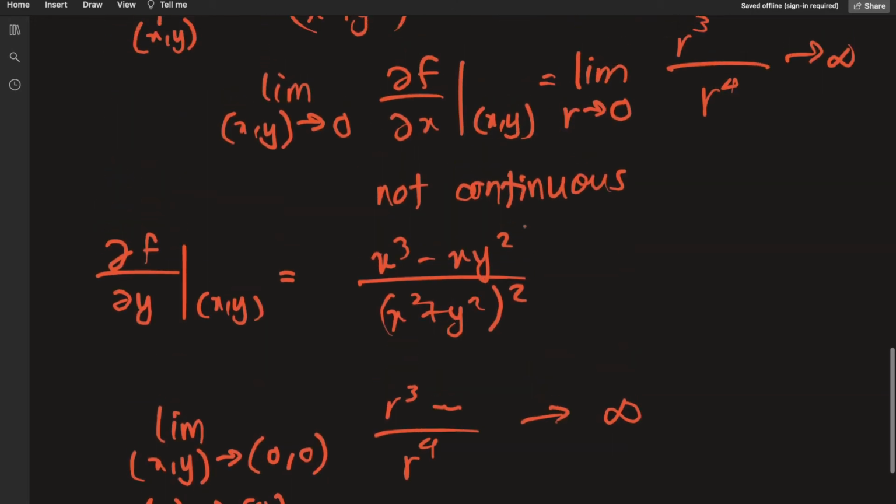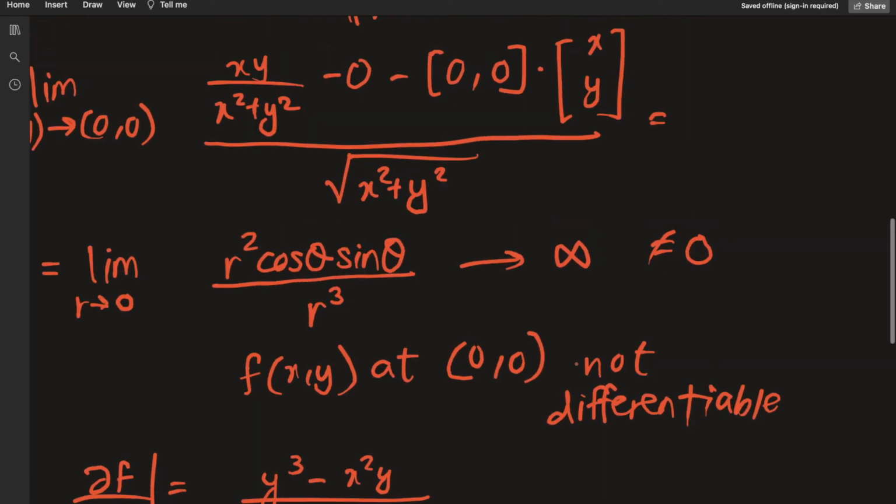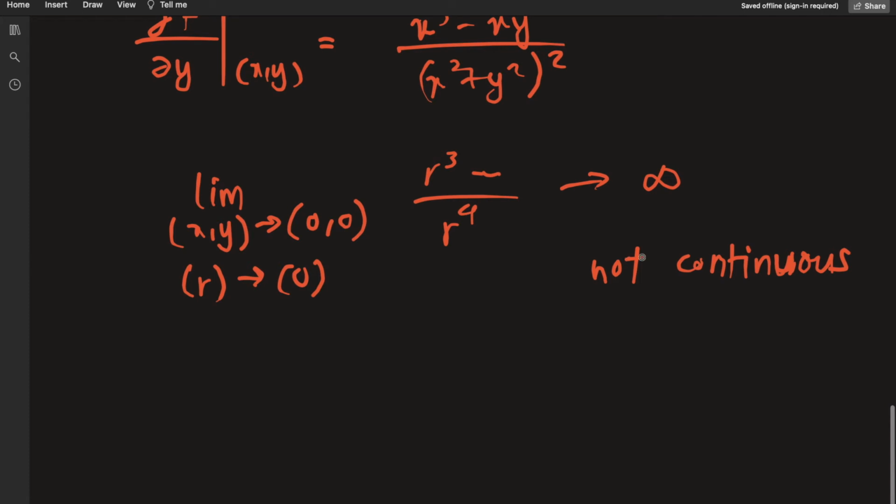So even the partial derivative with respect to y is not continuous, although it exists, although it has some finite value at that point. If you take the limit from some other point approaching 0, it just diverges. So it's not continuous.